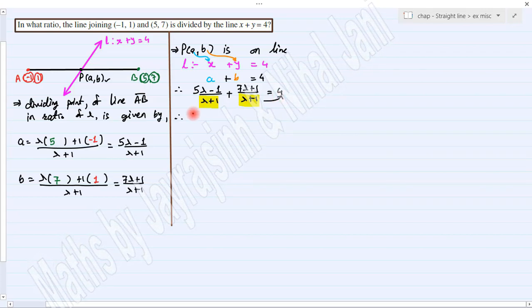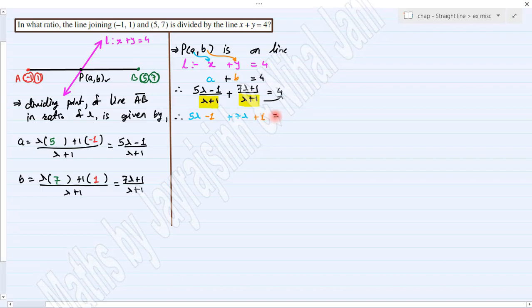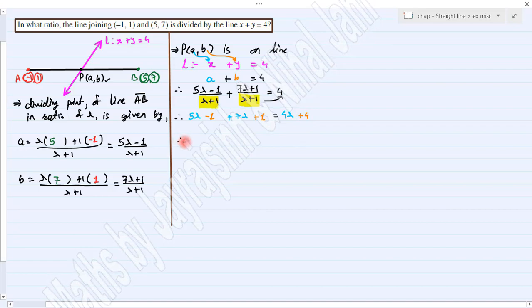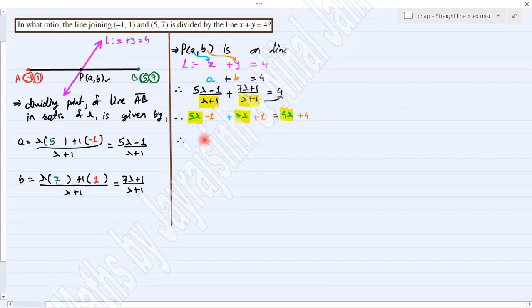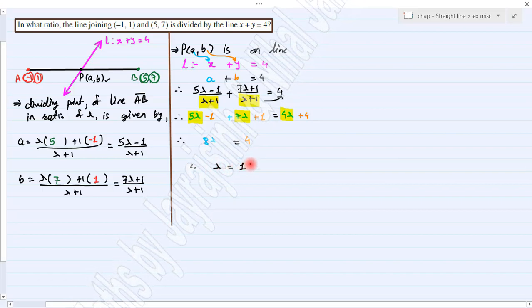So your left hand side will be 5 lambda minus 1 plus 7 lambda plus 1 is equal to 4 lambda plus 4. In further simplification, let's collect the terms of lambda. So you'll get 8 lambda is equal to 4, or we can say the required ratio is 1:2 as your answer.